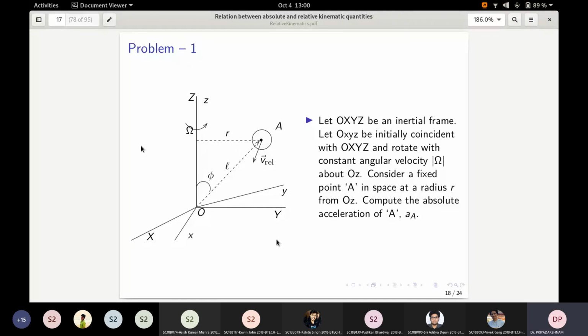Since it's a perspective, you imagine along the vertical, that is the z-axis direction, you keep the thumb pointing, then the system will be moving in the anti-clockwise direction.